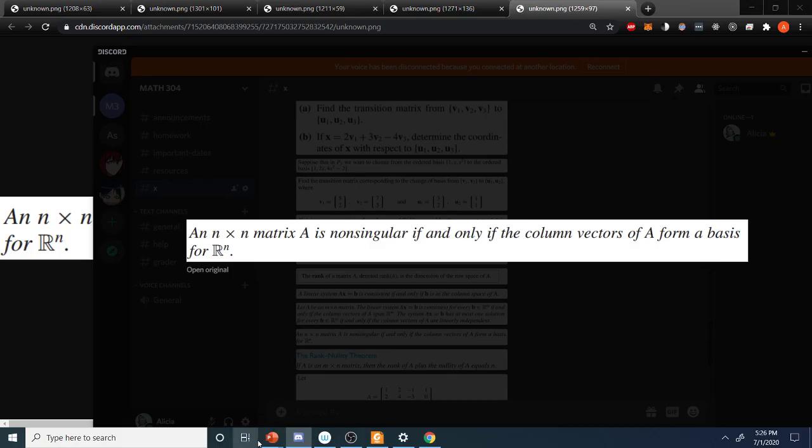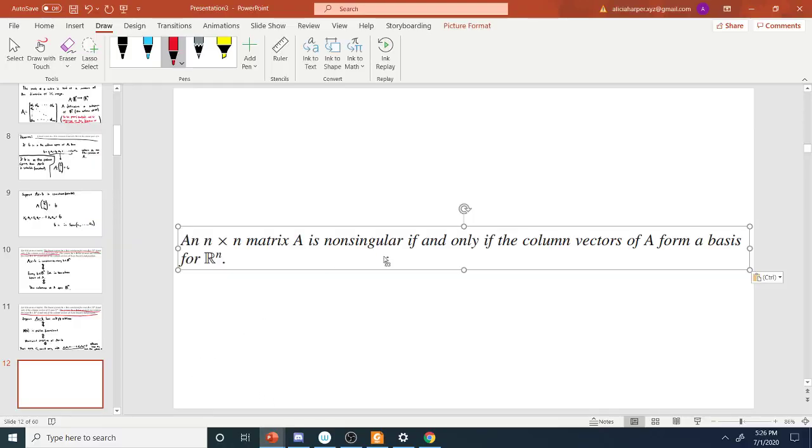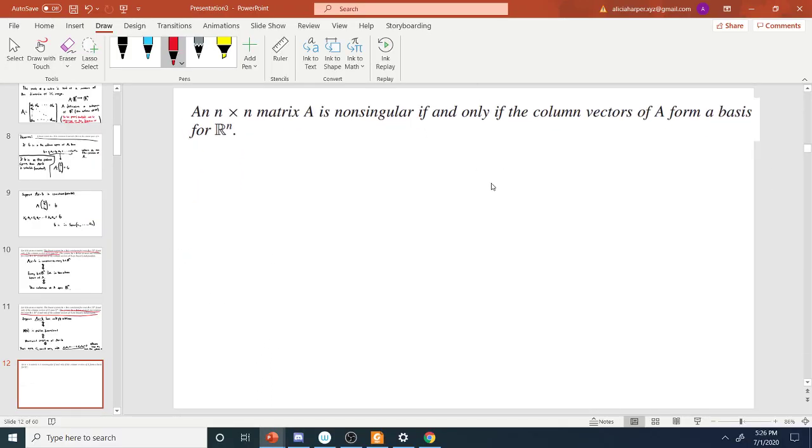I want to look at a special consequence of this result. This will tell us that an n by n matrix, so a square matrix, is non-singular if and only if the column vectors of A form a basis for Rn.